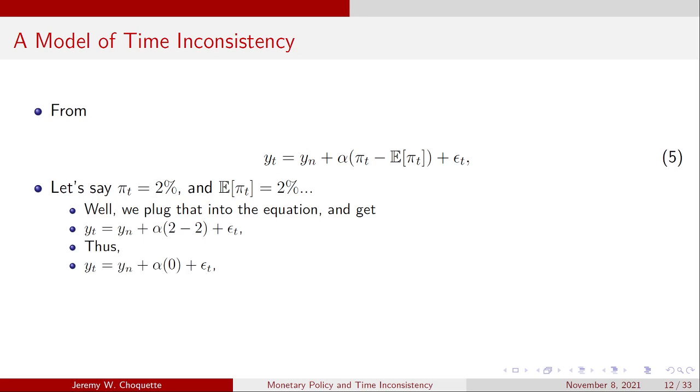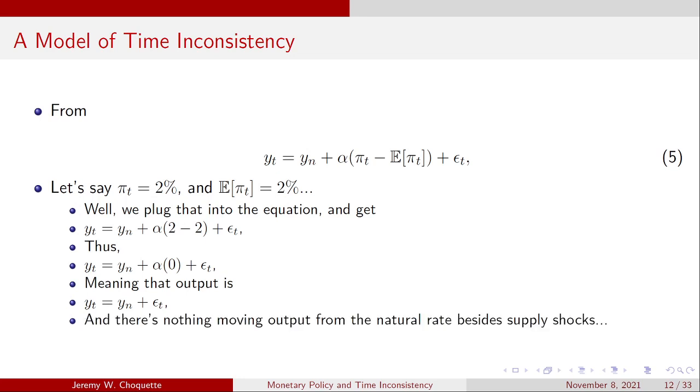So Y_t equals Y_n plus alpha times 0 plus that source of shocks, meaning output is equal to the natural rate plus shocks. So there's nothing moving output from its natural rate besides supply-side shocks. It's not to say that output is going to be equal to the natural rate all the time. It's not. But the only thing moving output from its natural rate is going to be supply-side shocks. It will not be a monetary policy shock.